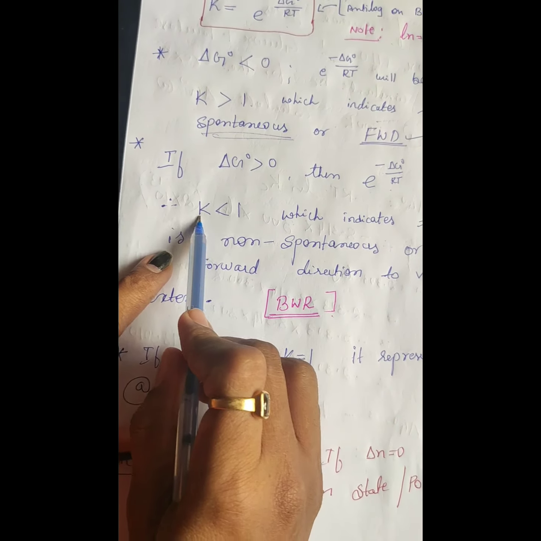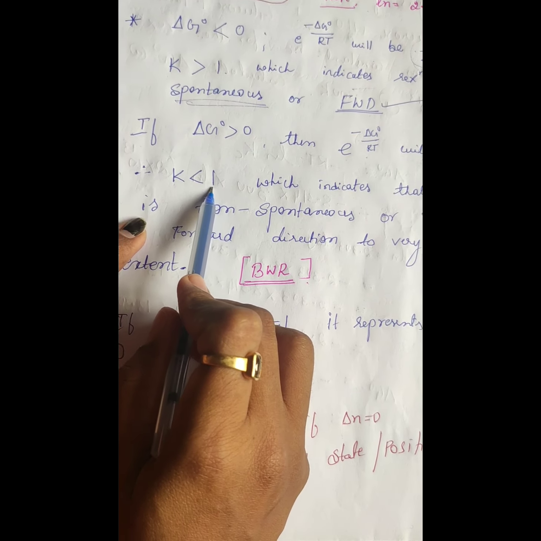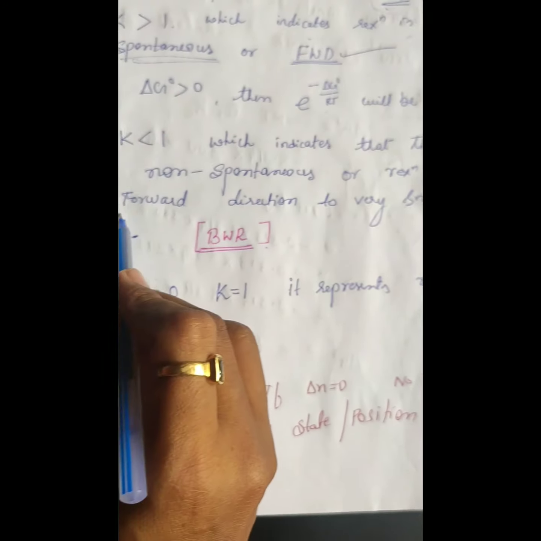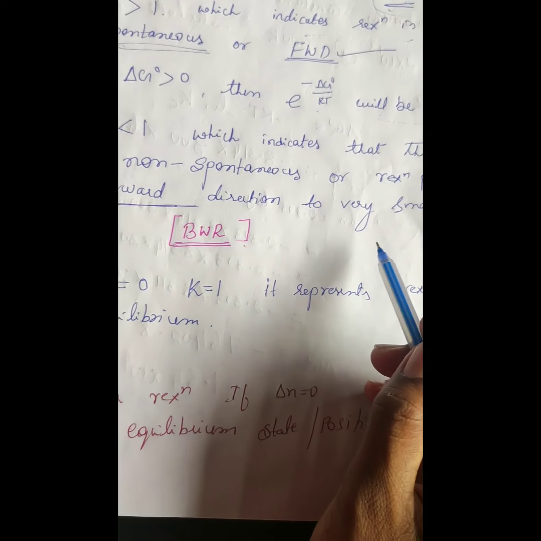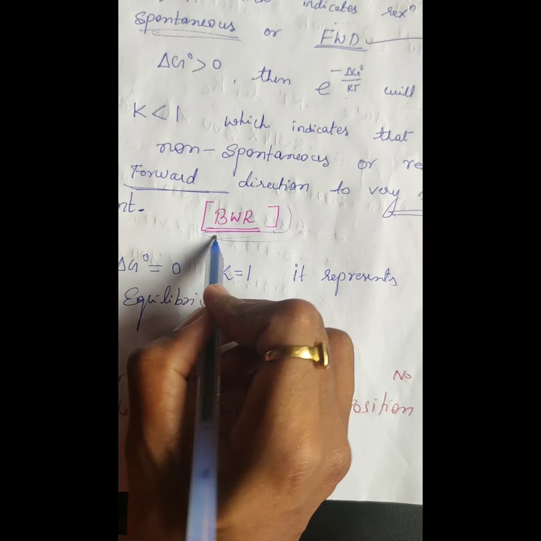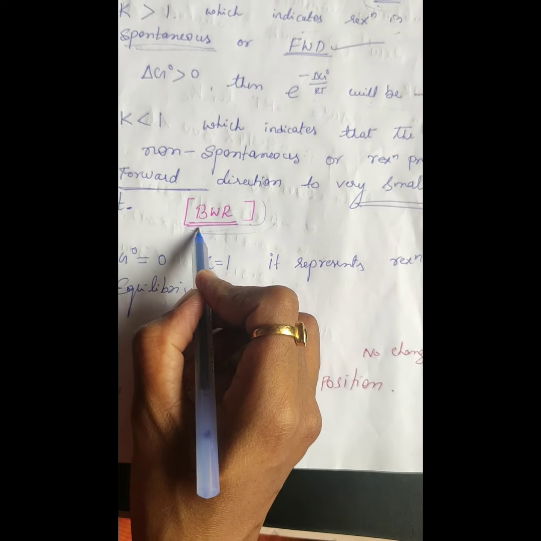Therefore, the K value will be less than 1, which indicates that the reaction is non-spontaneous. In other words, the reaction proceeds in the forward direction only to a very small extent, or the reaction takes place in the backward direction greatly.